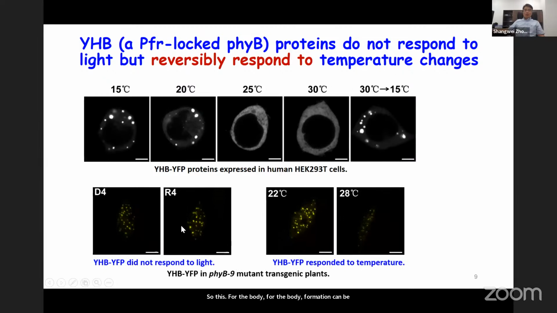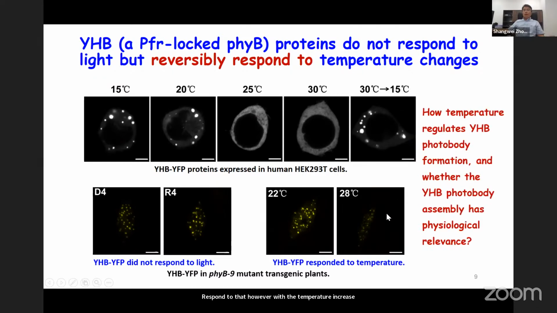We also examined this in plants and found that the YHB photobody did not respond to light. However, with the temperature increased, the photobodies of YHB will be reduced. So there are some questions about this.